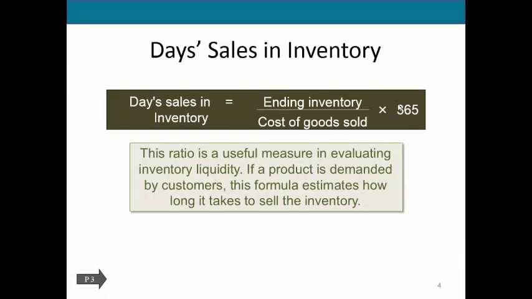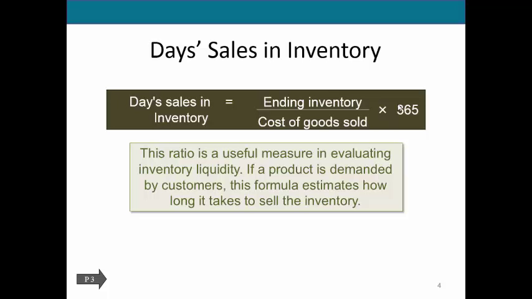Days sales in inventory, again, similar idea. We're looking at how effective are we with our inventory. Rather than just looking at how many times we turn over our inventory during the year, now we're actually looking at, okay, if we're turning it over however many times, how many days does that translate to?